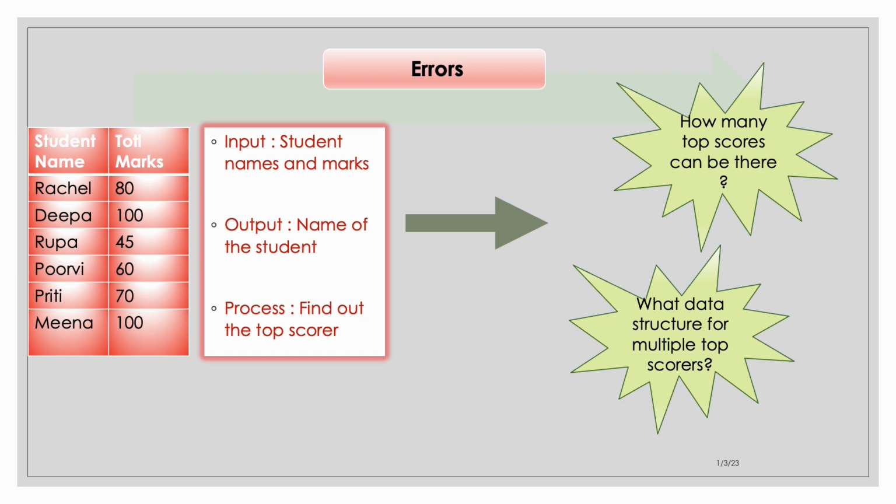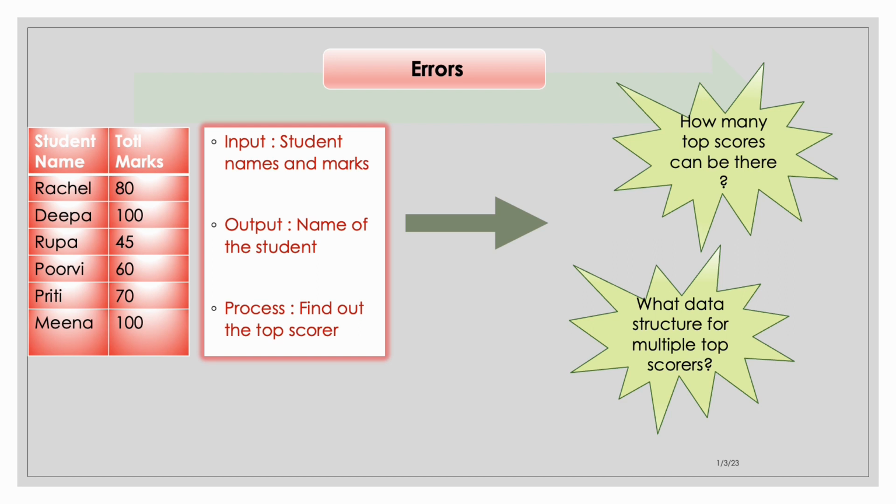But our earlier problem was just to find the top score, which is 100. So the output is not just the name of one student, it's the names of multiple students. So what is the data structure for giving multiple top scorers? It cannot be just one name, it should be multiple names.